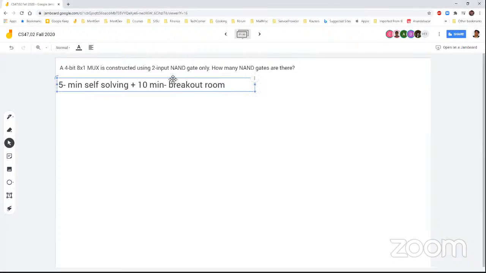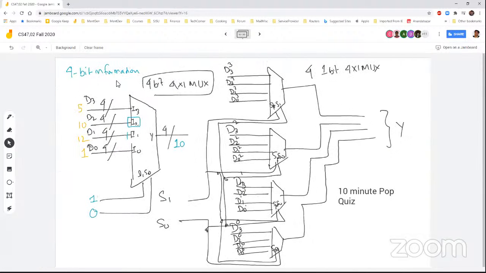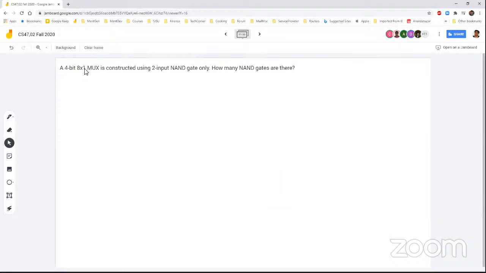So this problem is basically, as I showed here, right? This is like a 4-bit 4x1 multiplexer. So here we are talking about a 4-bit 8x1 multiplexer.